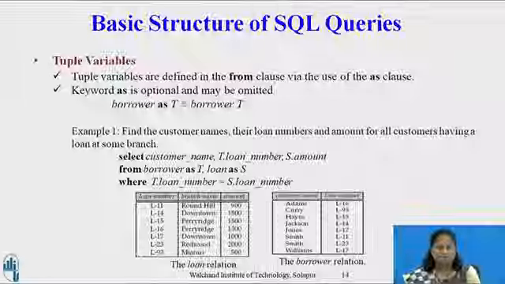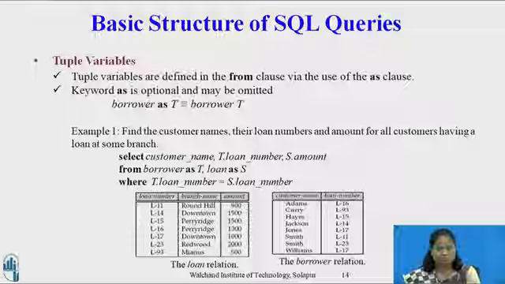Example: find the customer name and their loan numbers for all customers having a loan at some branch. SQL command: select customer name, T.loan number, S.loan number from borrower as T, loan as S where T.loan number equals S.loan number.